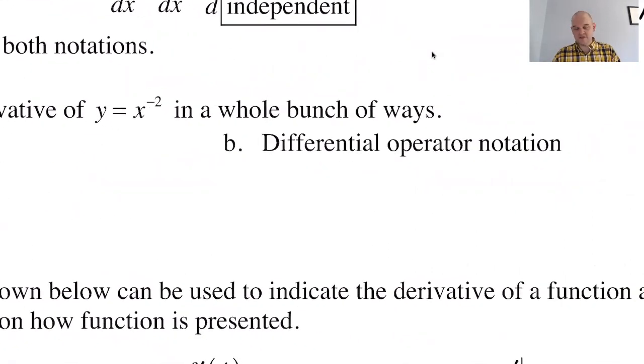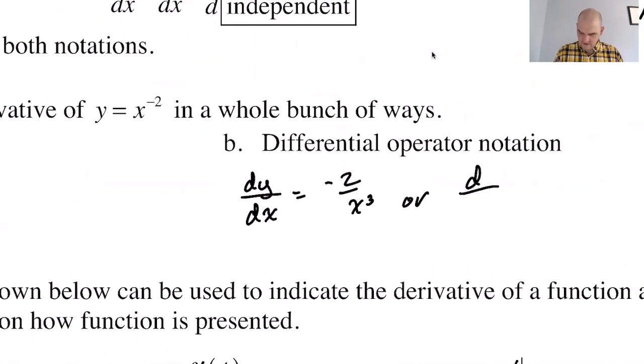Differential operator notation. I kind of have two options here. So I could say y is the dependent variable, so dy, x is the independent variable, so dx, is equal to negative 2 over x cubed. Or I could say that the derivative with respect to x, so d dx, meaning that x is the independent variable.